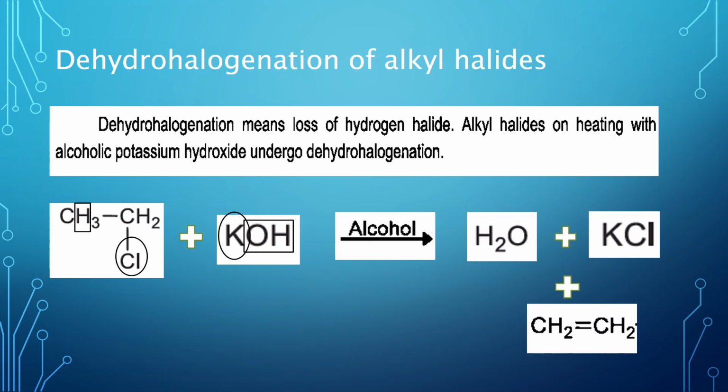So when chlorine from one carbon atom and hydrogen from the adjacent carbon atom is removed in the presence of alcoholic potassium hydroxide, our main product will be ethene. A double bond will be produced between the two carbon atoms.